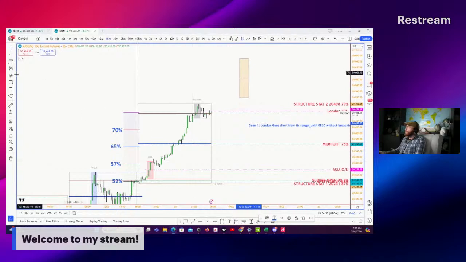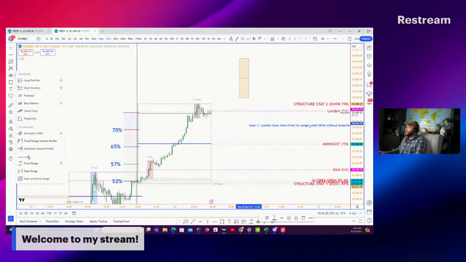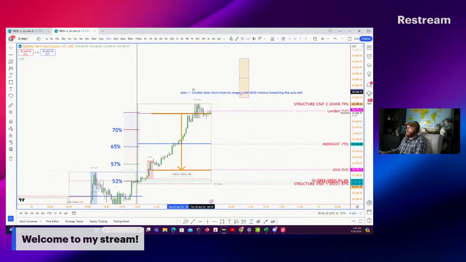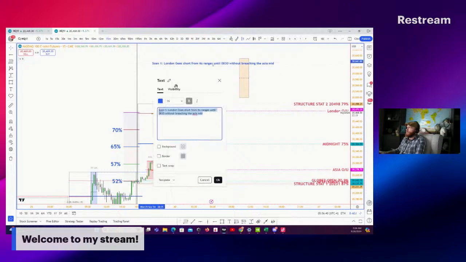Because let's be realistic. Between now and 9:30, for us to break this mid, we'd have to move 200 handles. Well, we already know based off of our distros, that's not a scenario that's even close to being feasible for us in the next 3 hours to move 200 handles. Not realistic. Data doesn't support it, so I don't support it.